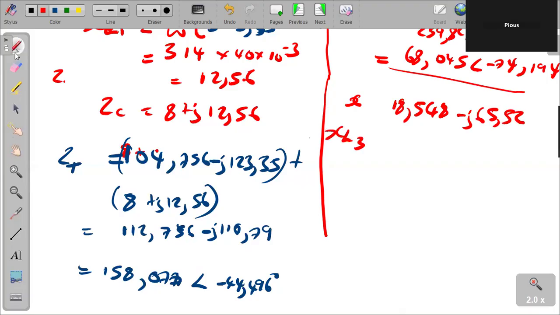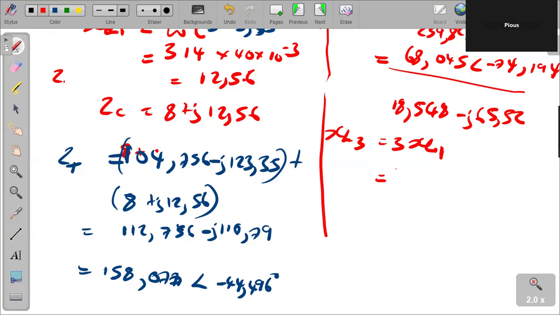XL3 is going to be multiplied by 3. Why? Because we are in the third harmonic. So it's 3 times XL1. Mark that XC is divided by the harmonic: the third divided by 3, the fifth divided by 5, etc. For inductive reactance, we multiply.